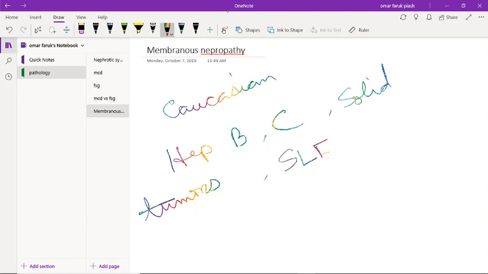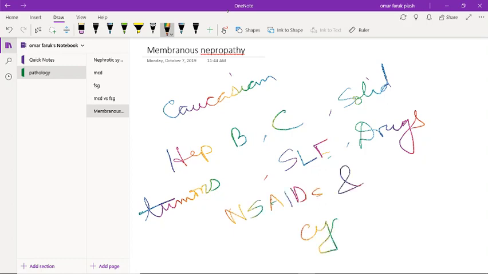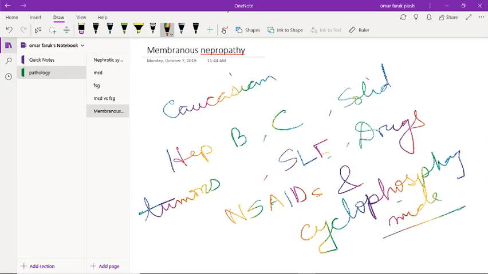SLE, or drugs like NSAIDs and cyclophosphamide. We know that cyclophosphamide causes hemorrhagic cystitis.